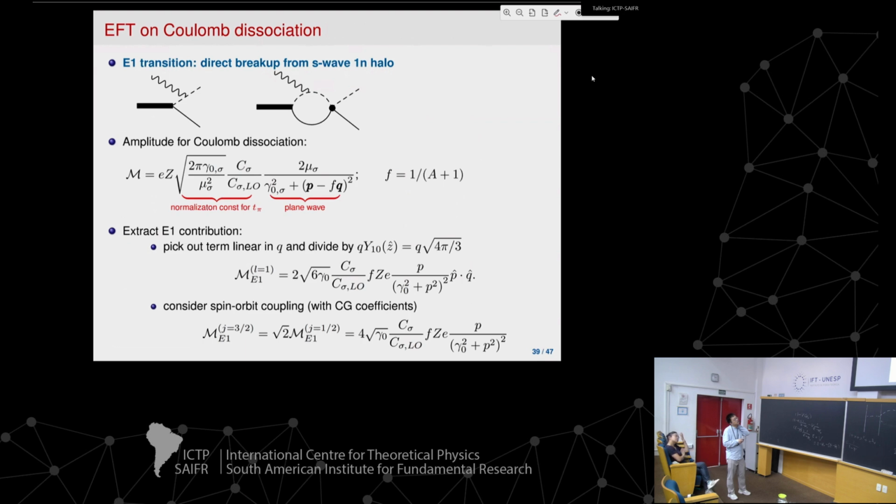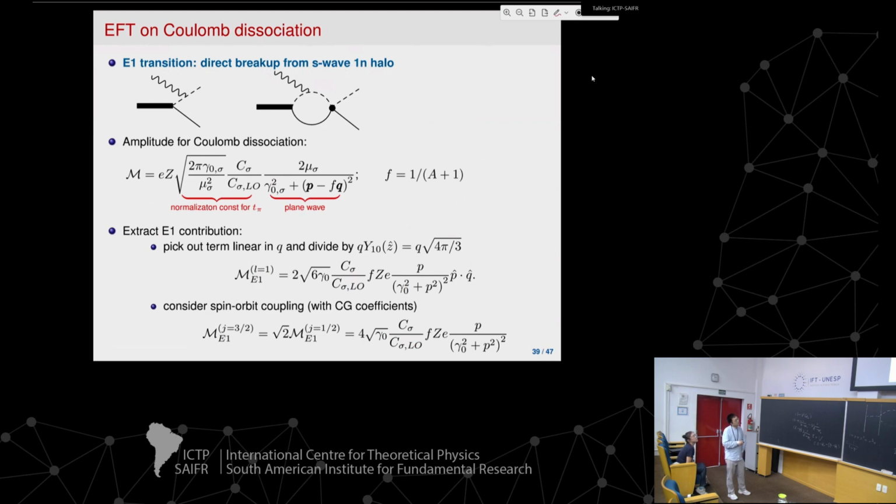These two have angles, and you put this Q on the z-axis. Then you divide by the function Q times this spherical harmonic Y10, with Q on the z-axis. This would be a constant number times Q. Then you get this matrix element for the transition from the S wave state to a P wave continuum state. So this ends up with the matrix element for E1 transitions.